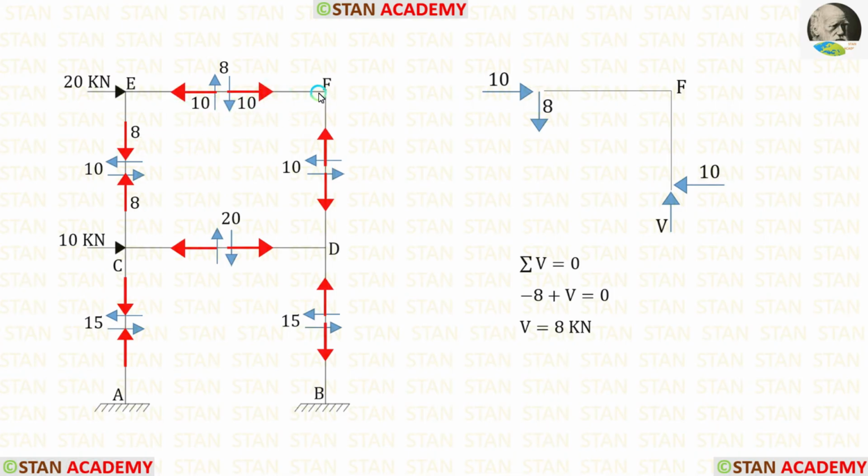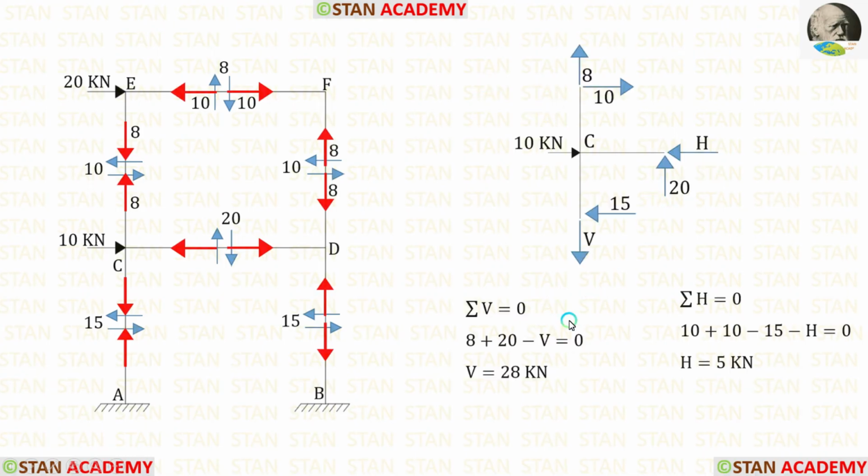Now, let us take the joint F. Let us apply this rule and find V. This force is acting downwards, so that will be negative. This force is acting upwards, so that will be positive. Finally, for V, we are getting 8. Let us apply that. Now, let us take the joint C.